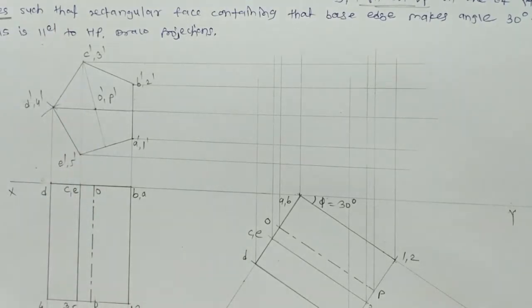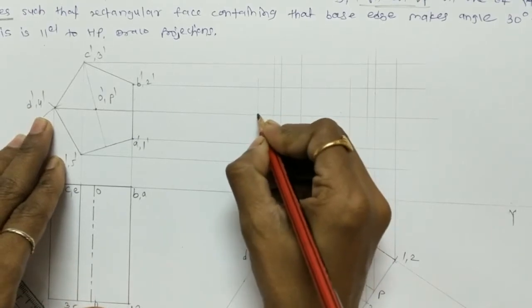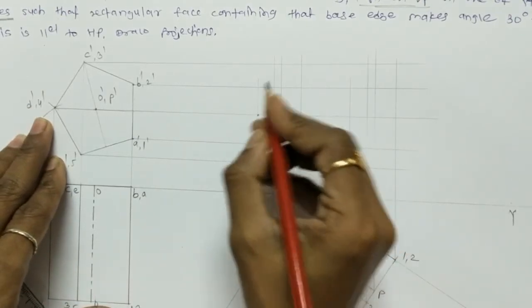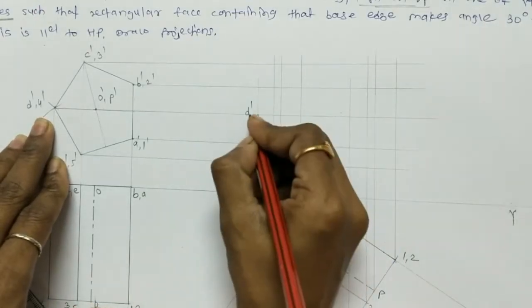Now join all these points. So D here and D dash here. So this is point D dash again because it is a front view, or you can give D1 dash.